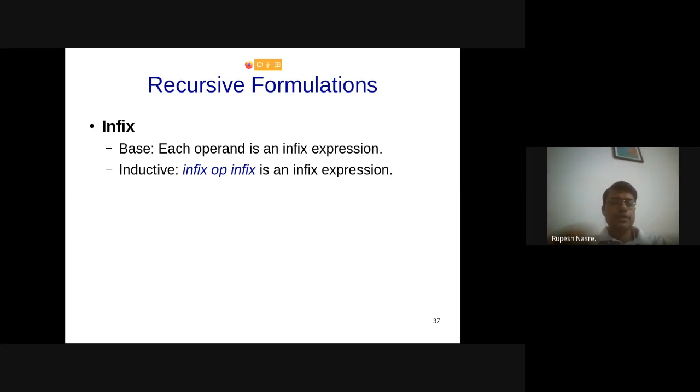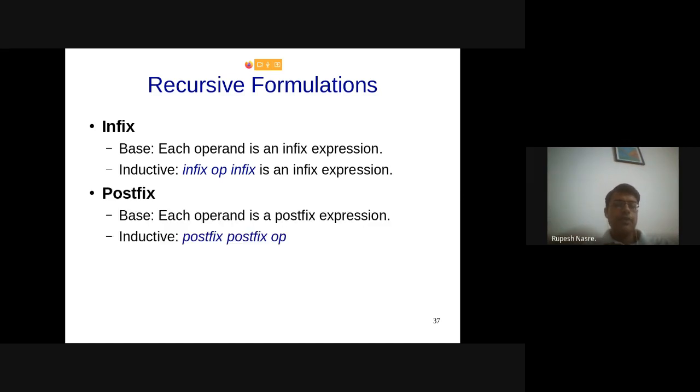And then the inductive case says that infix operator infix, that is some expression which you have in infix form and some other expression in infix form, combined with an operator, typically binary, becomes an infix expression. You can also talk about infix op, or op infix, becoming an infix expression if op is a unary pre-operator or post-operator, etc. So that is also another way in which that can be done.